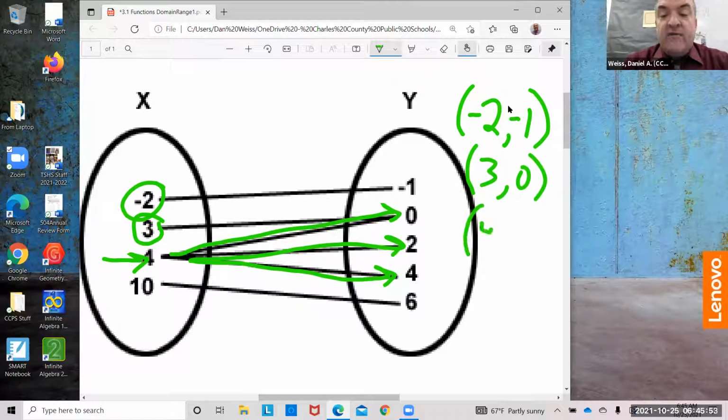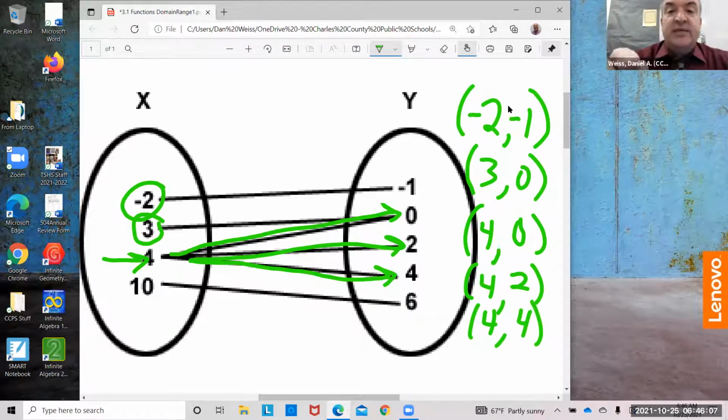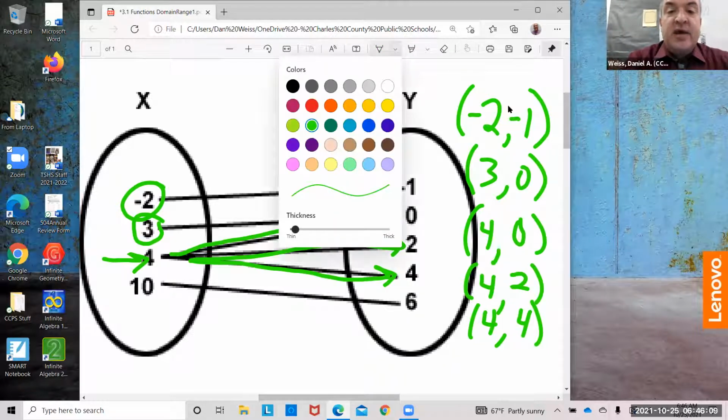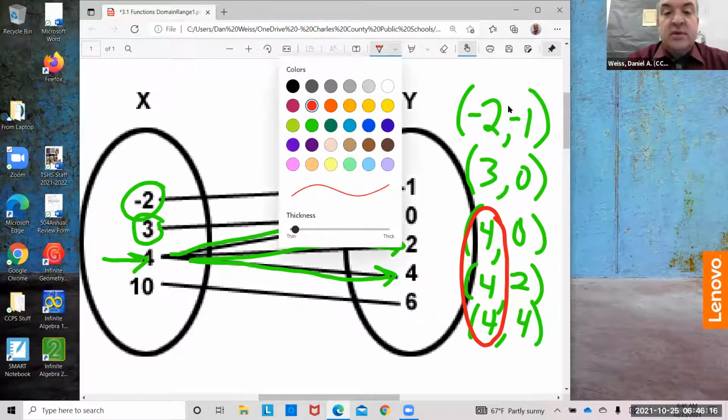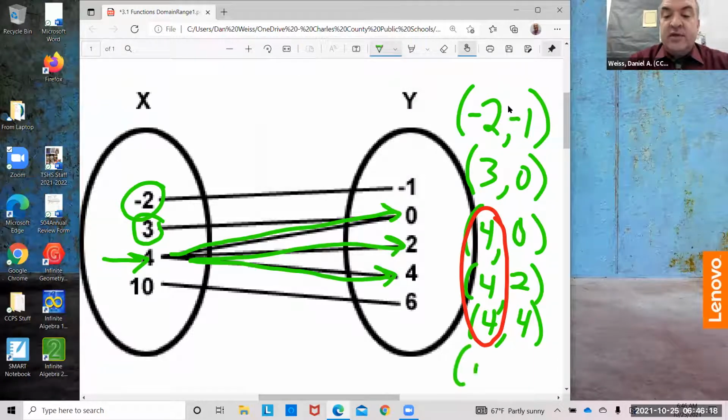You have 4, 0. You have 4, 2, and you have 4, 4. The x value repeats, okay? If the x value repeats, it's not a function, okay? And you have 10, 6. This is not a function because the x value repeats more than one time.